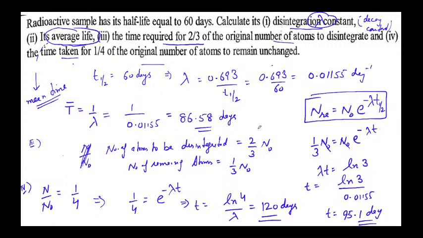So you remember this relation and then you can convert, whether the remaining is given or the number of atoms which are being disintegrated. So moving toward the next question. The next question is: a radioactive substance disintegrates for a time equal to its average life.